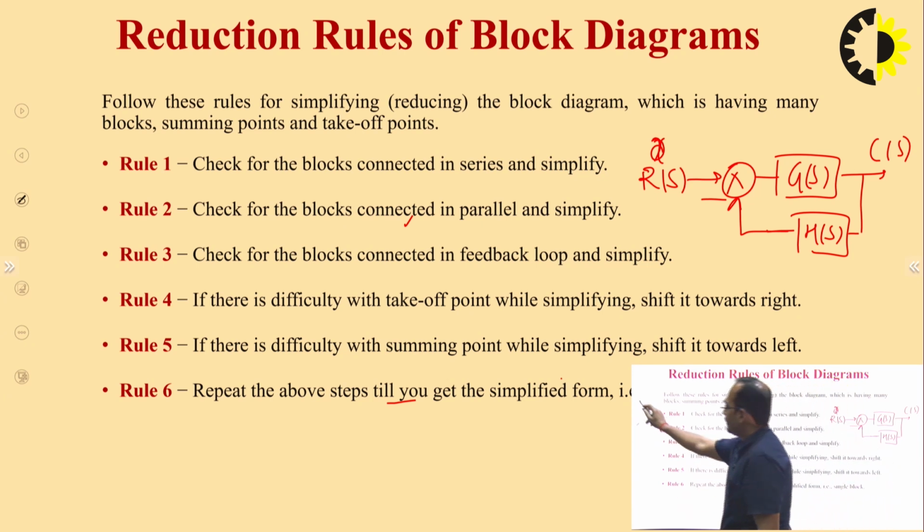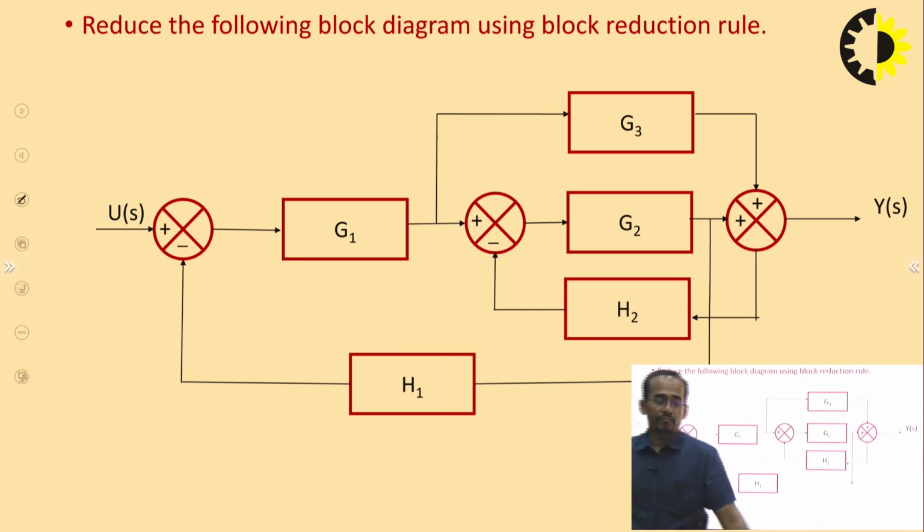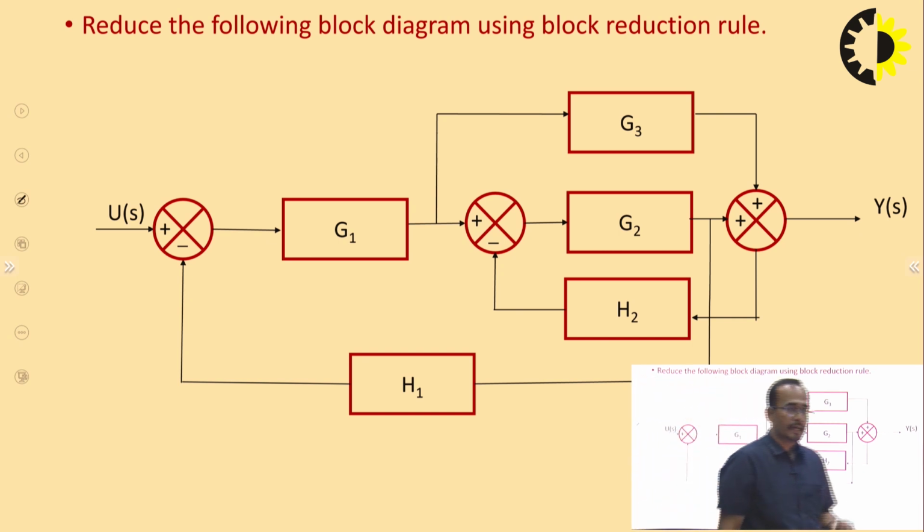Let us take an example. This is the example you can see here. Here you can easily see the block diagrams are connected in parallel as well as closed loop format and as well as standard closed loop system.